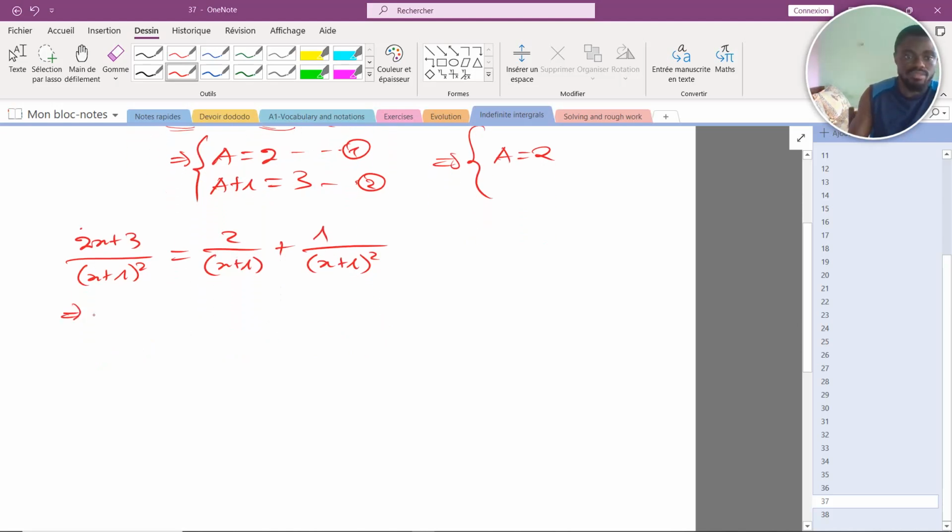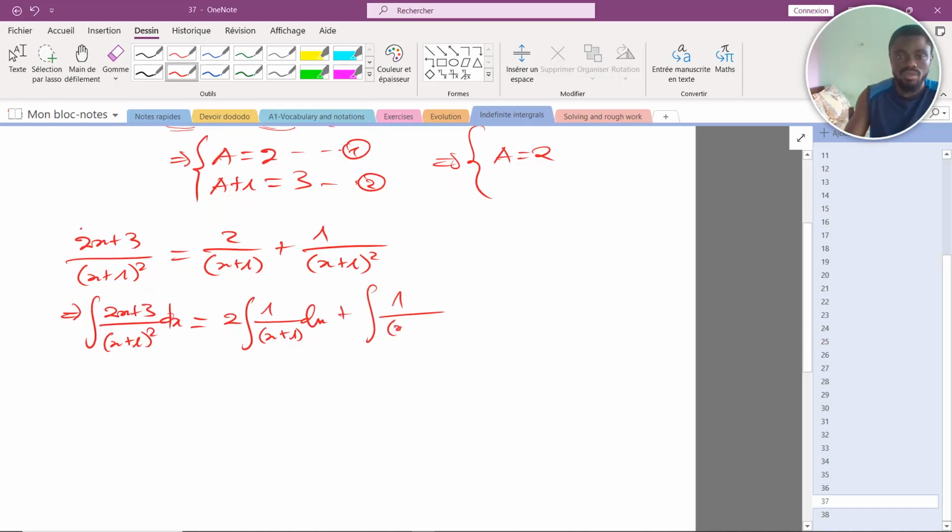So this implies the integral of (2x plus 3) all over (x plus 1) squared dx will be equal to 2 times the integral of 1 all over x plus 1 dx plus the integral of 1 all over (x plus 1) squared dx.